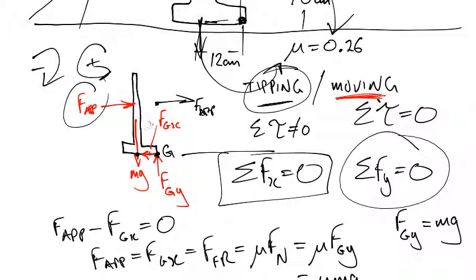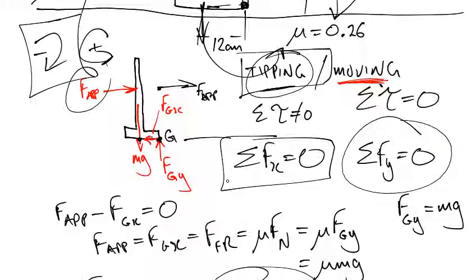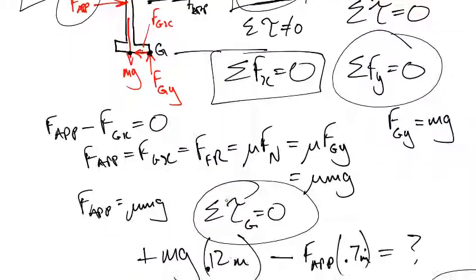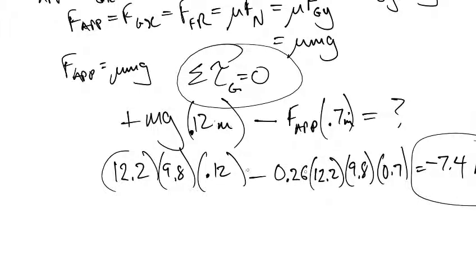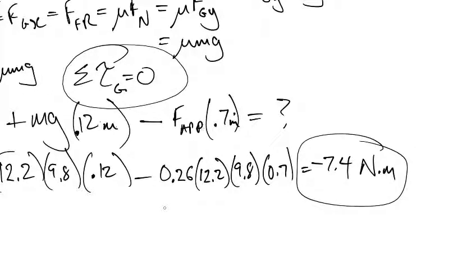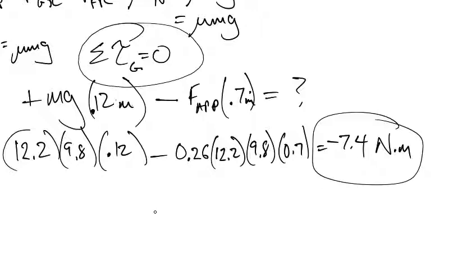Therefore, negative 7.4 is definitely in this fashion, and sure enough, the answer is tipping. The lamp, or the statue, is going to tip. So, there you go. Hope you enjoyed it. It will tip.